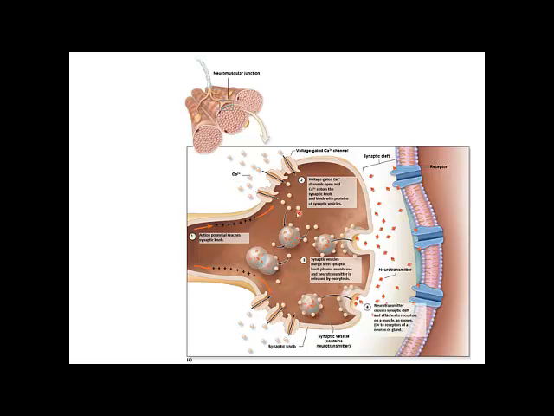Calcium floods into the cell and sticks to synaptic vesicles. Once calcium sticks to these vesicles, the vesicles will release their contents, neurotransmitter, into this gap here called the synaptic cleft. Neurotransmitter diffuses across and binds to these receptors on the muscle sarcolemma.